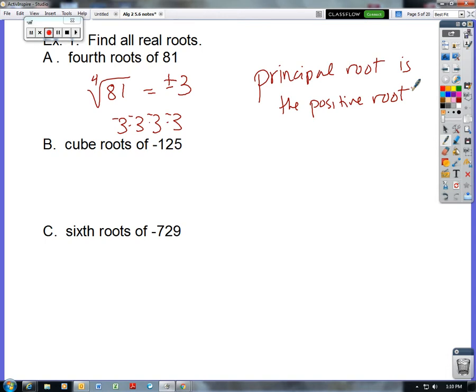All right, this next one, the cube root of negative 125. That's only going to be one number, and it's negative 5. And then the last one, the sixth roots of negative 729. I can't multiply a number an even number of times and get a negative, so this one has no real roots.